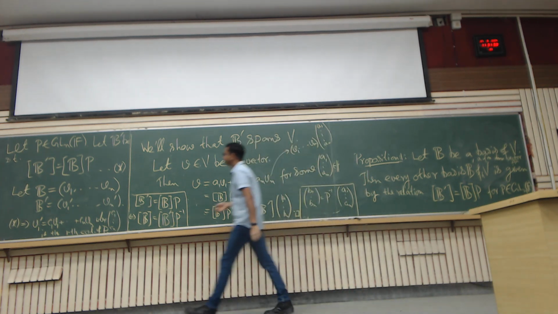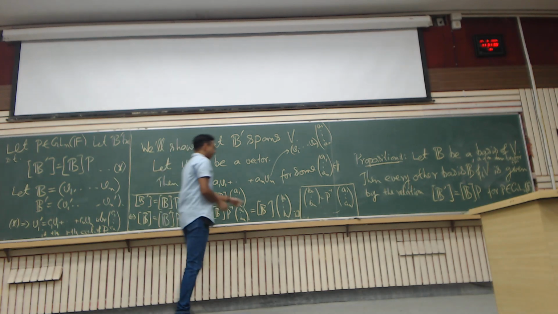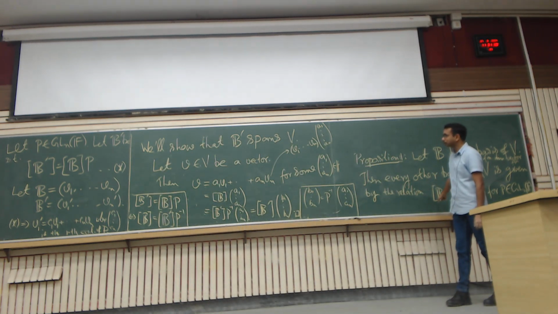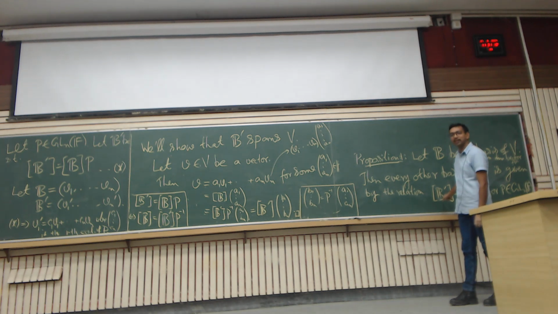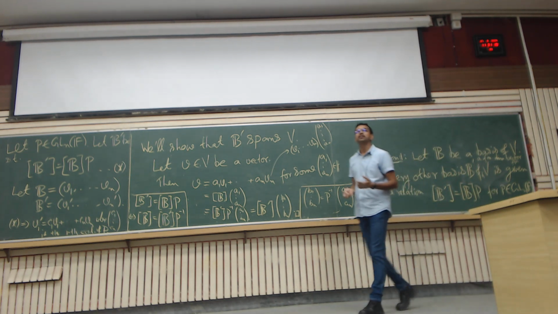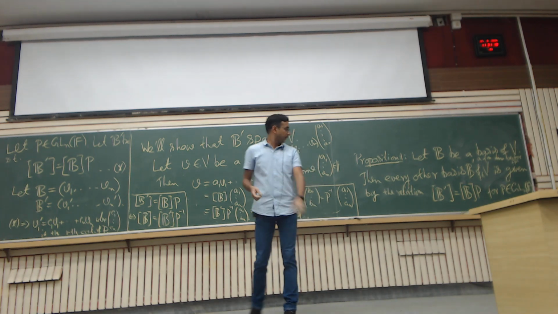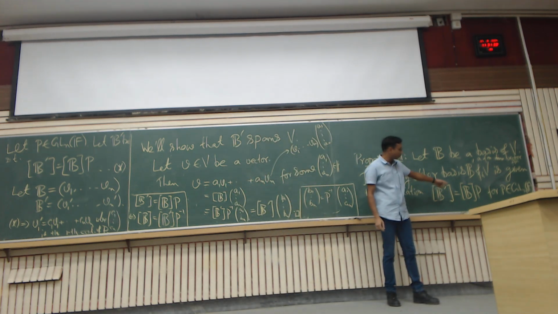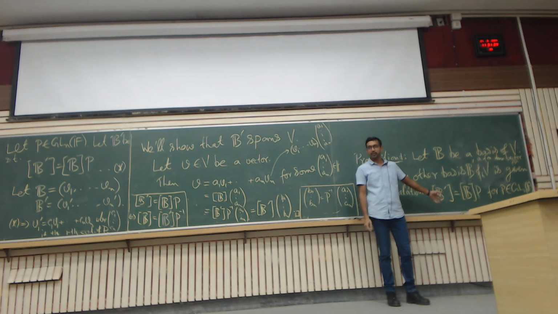So, where were we? We are done with this proposition, right? That is B dash. We have just shown that such a thing is what you get after multiplying. Please be a bit quiet. So, if you are at first given 2 bases, we can go from one to another by the matrix of change of bases.